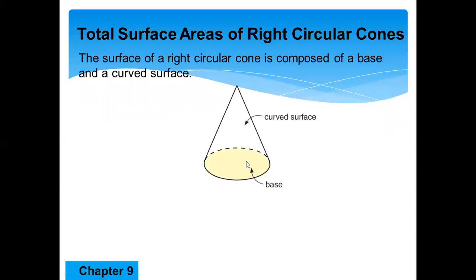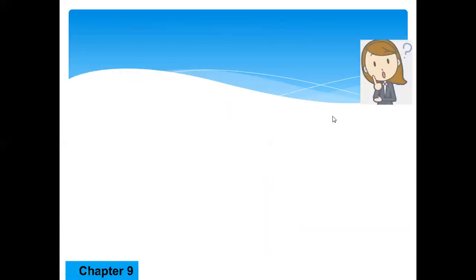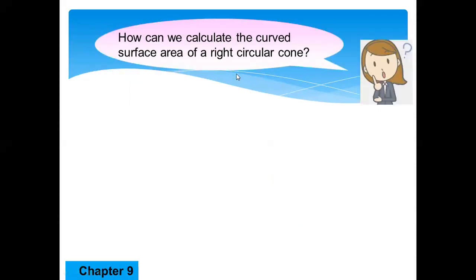So the area of the base is pi r squared. How about the curved surface area? How can we calculate the curved surface area of a circular cone?